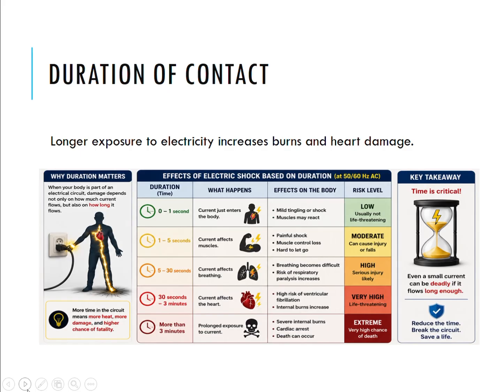This is where there is a high risk of ventricular fibrillation, which health professionals call VFib, and also internal burns. It is very, very dangerous and life-threatening. And for more than 3 minutes, we have a risk of cardiac arrest, and death might also occur.